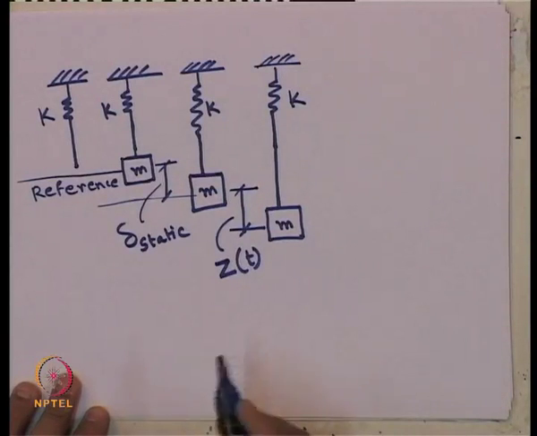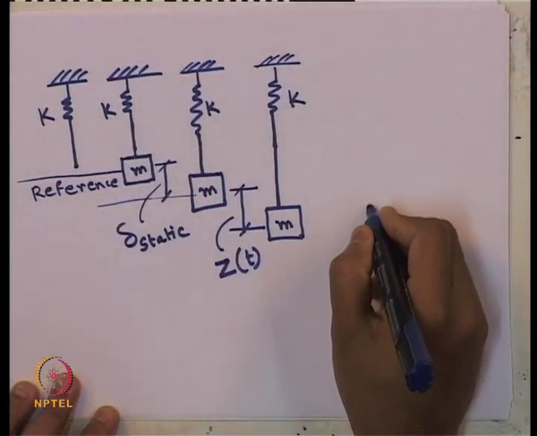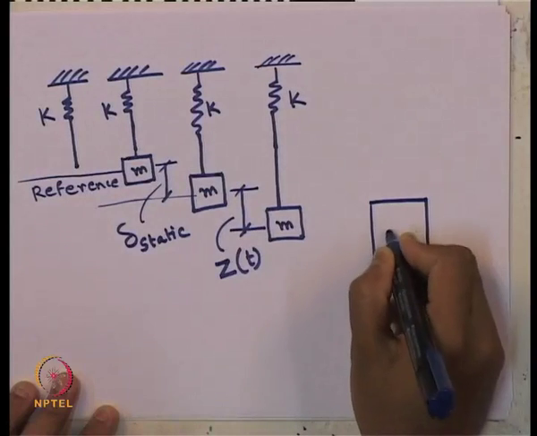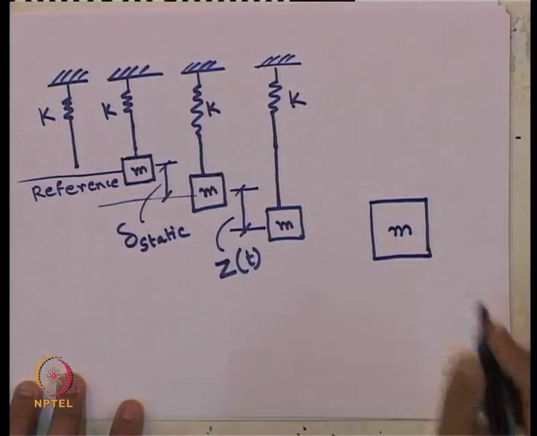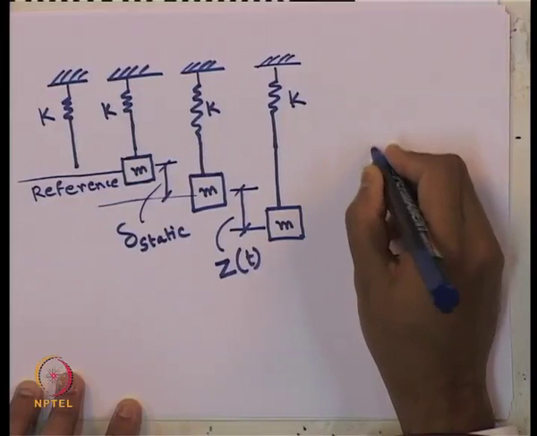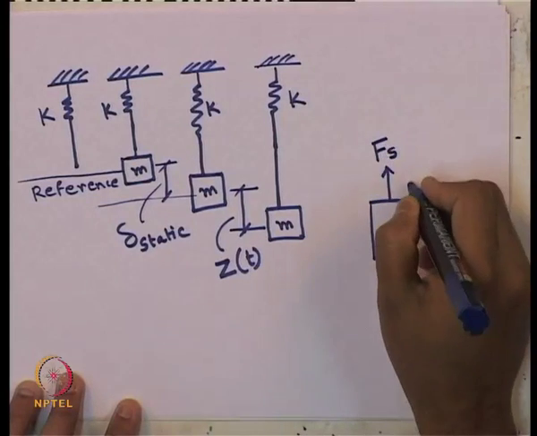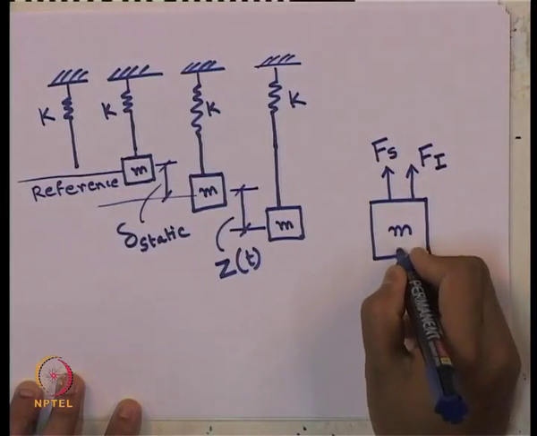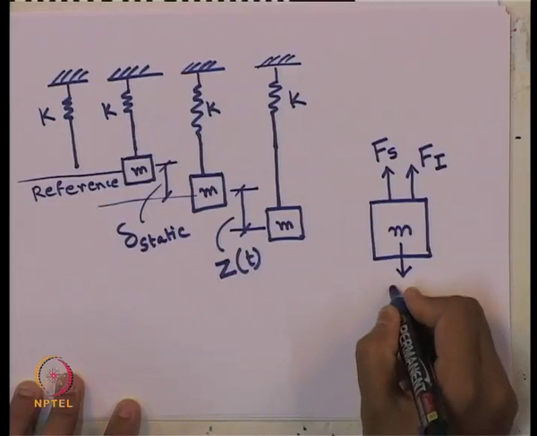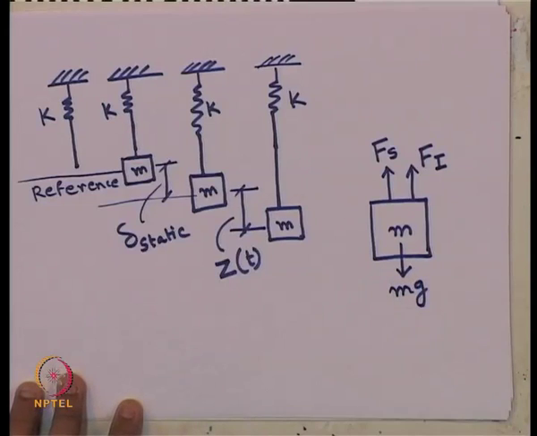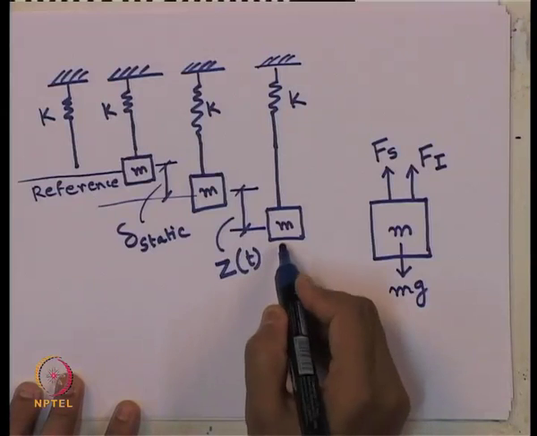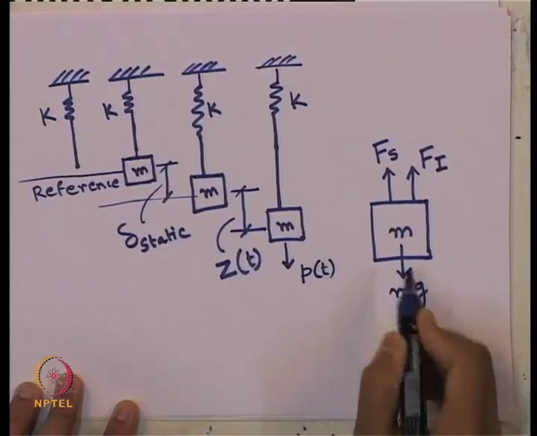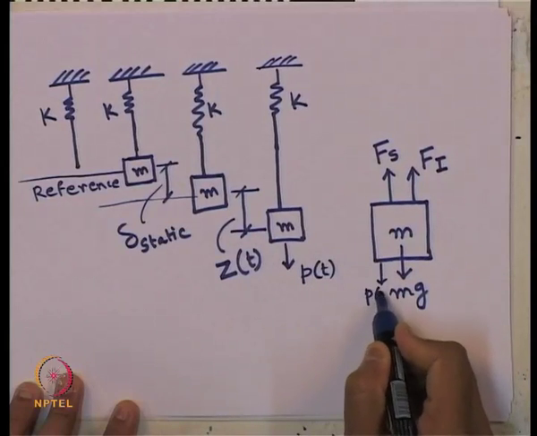Now, if we write the equation of motion for this system, before that what we should do? We should draw the free body diagram of the system. What we can see? There will be a spring force F s, there will be an inertia force F I, there will be mg, that is the weight of the body, and suppose there is some dynamic load applied to it, say P of t.